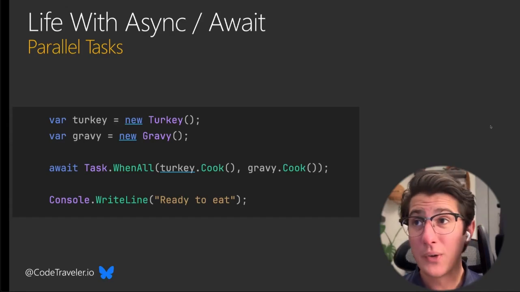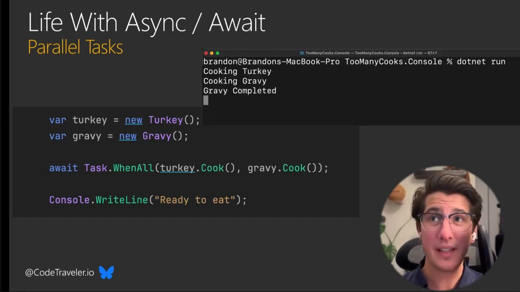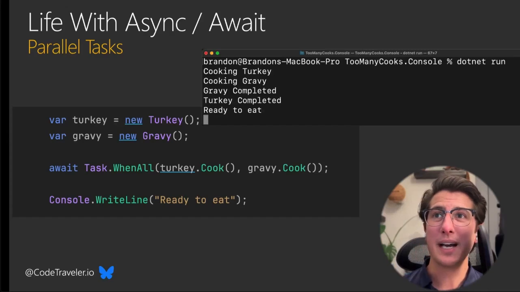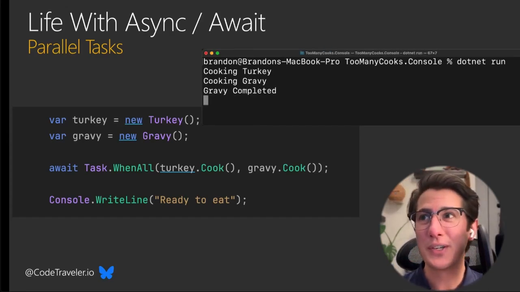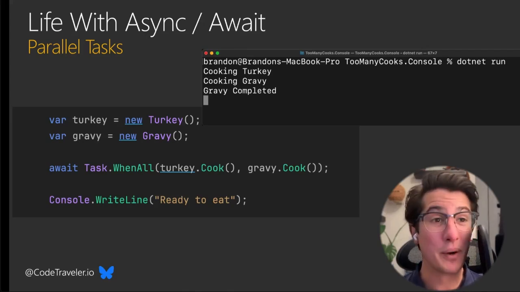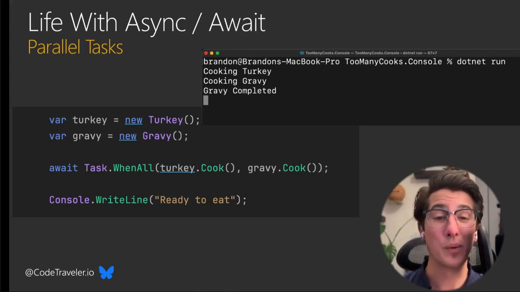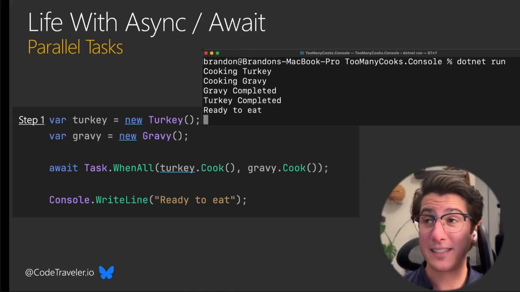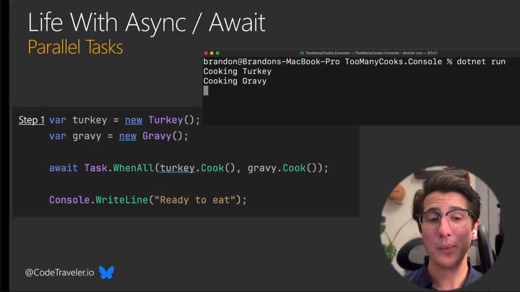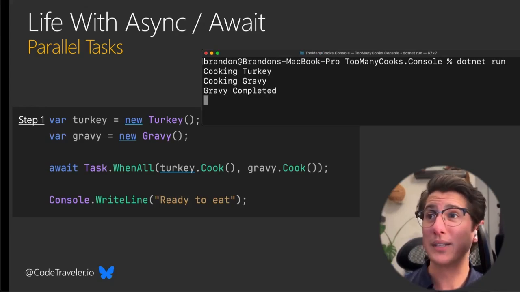So again, here's the code that we just wrote, and we see that we start cooking both at the same time, but the gravy completes cooking before the turkey completes cooking. And then once they're both done, we can say that we're ready to eat. And similar to the last example with async await, we can read our code top to bottom, left to right. So step 1, we initialize the turkey object.